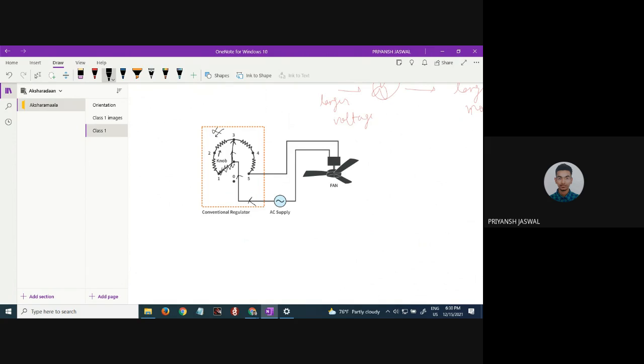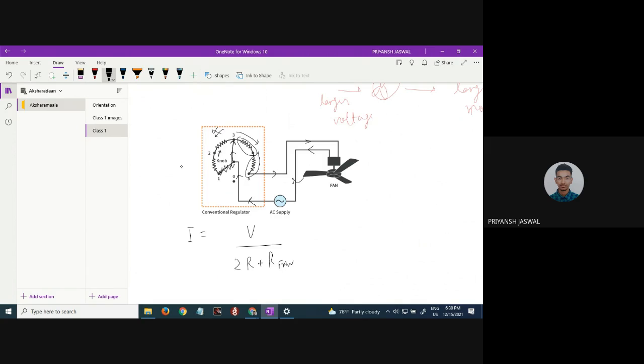It will not go to this side as there is no electrical connection ahead and there is a break in the circuit. It will go to this side and follow through the fan and come to this side. This time there are only 2 resistances, this one and this one, inside the circuit. So I will be V by 2R plus R fan.